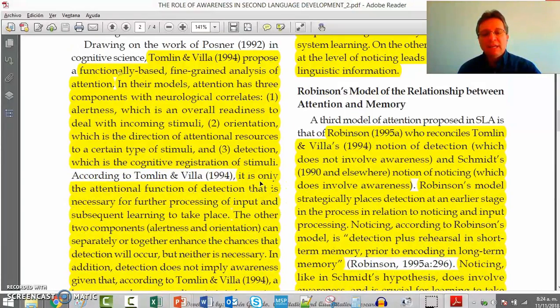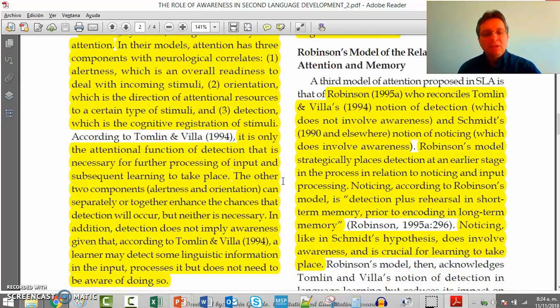According to Tomlin and Villa, it is only the detection function of attention that is necessary for further processing of input and subsequent learning to take place. The other two components, alertness and orientation, can separately or together enhance the chances that detection will occur, but neither is necessary.